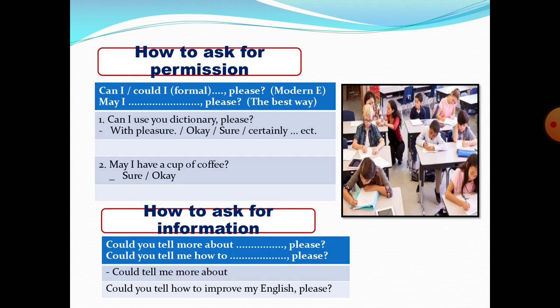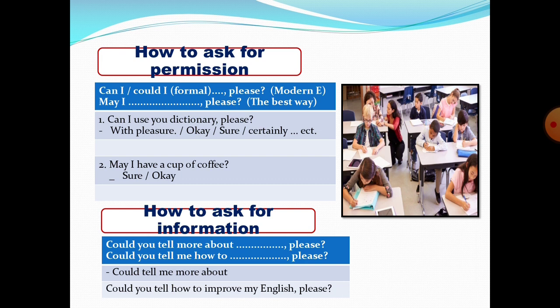In the next slide, we are going to discuss how to ask for permission. The best way to ask for permission is may I. It's the best way. Can I use can or could? Yes.